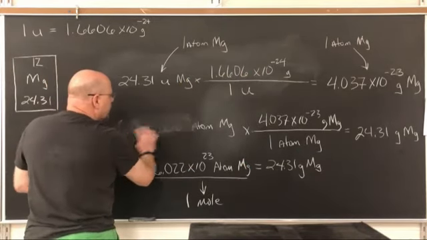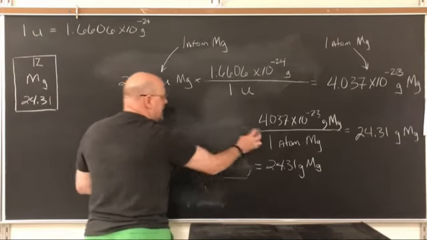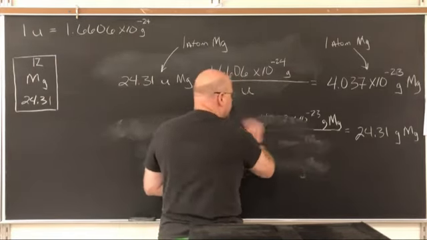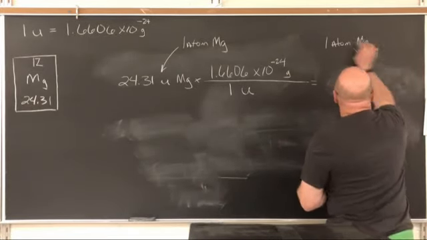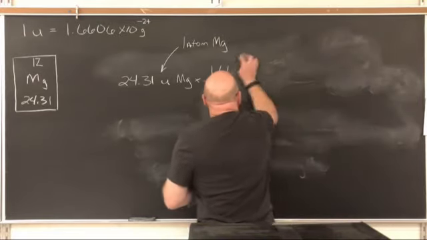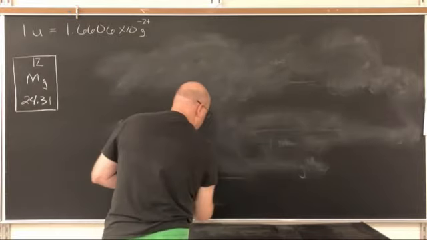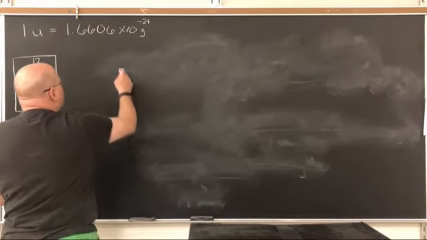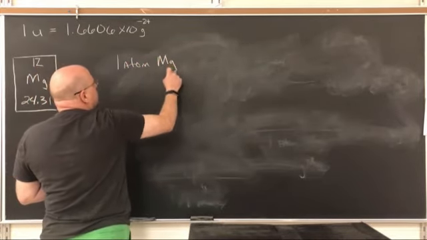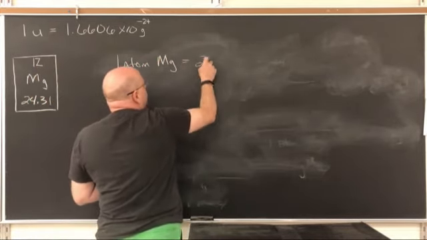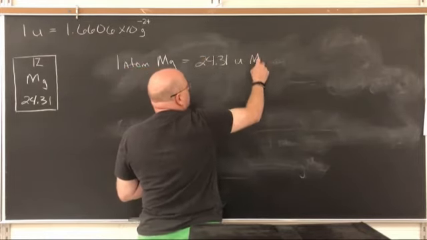So I'm going to write a list of conversion factors here that we can get from these relationships. We know that 1 atom of magnesium is equal to 24.31 atomic mass units of magnesium.